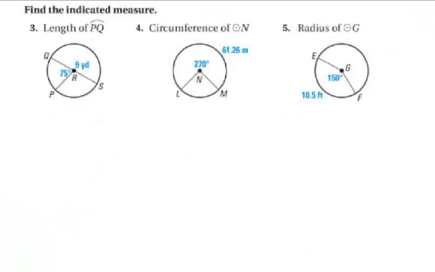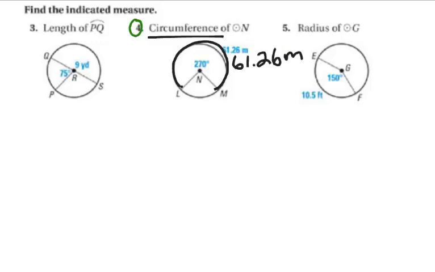On this screen, let's do number 4. So I'm going to find the circumference of the entire circle. I don't have the radius. All I have is the part of the circumference from L around the circle to the other side, which I drew over, so let's write it, 61.26 meters.